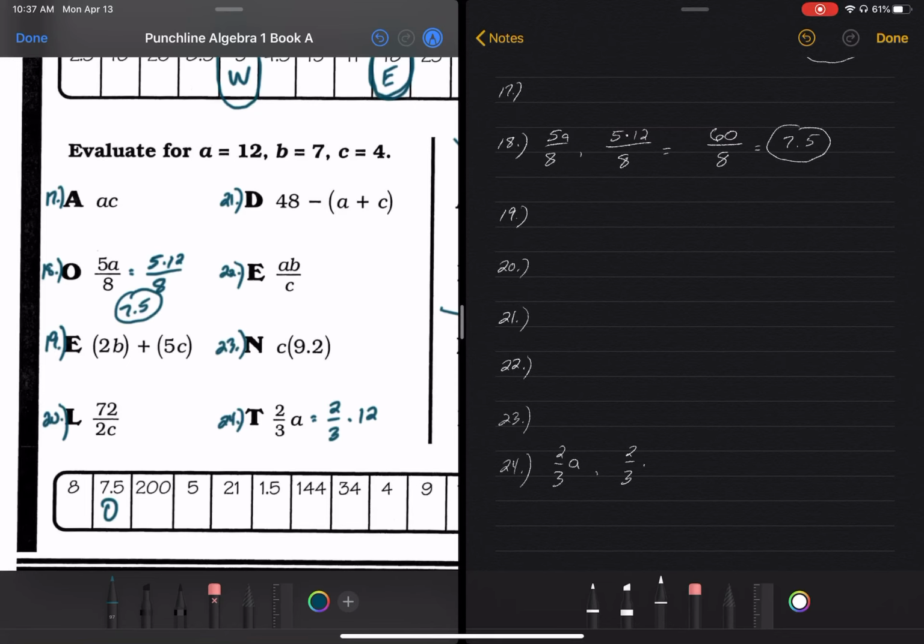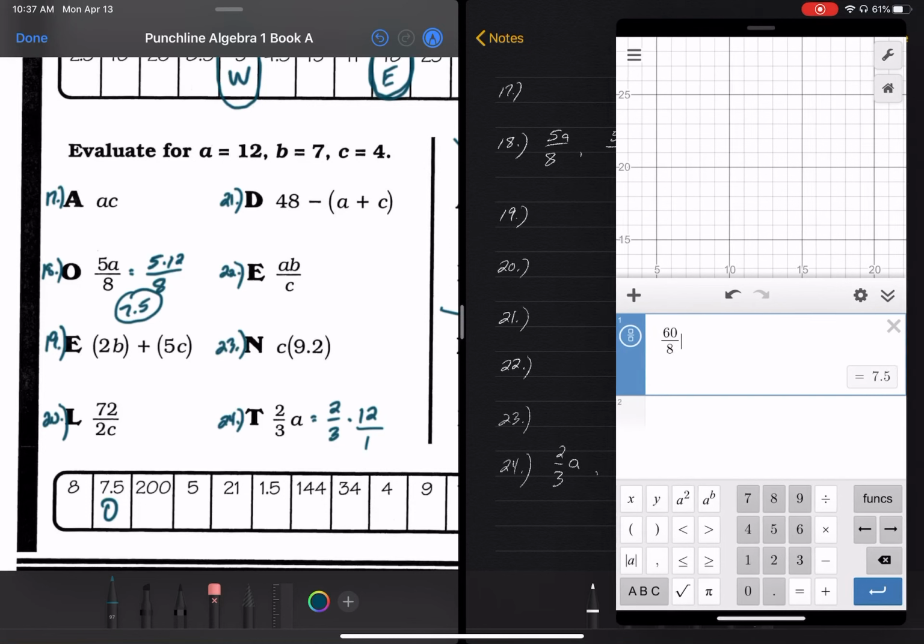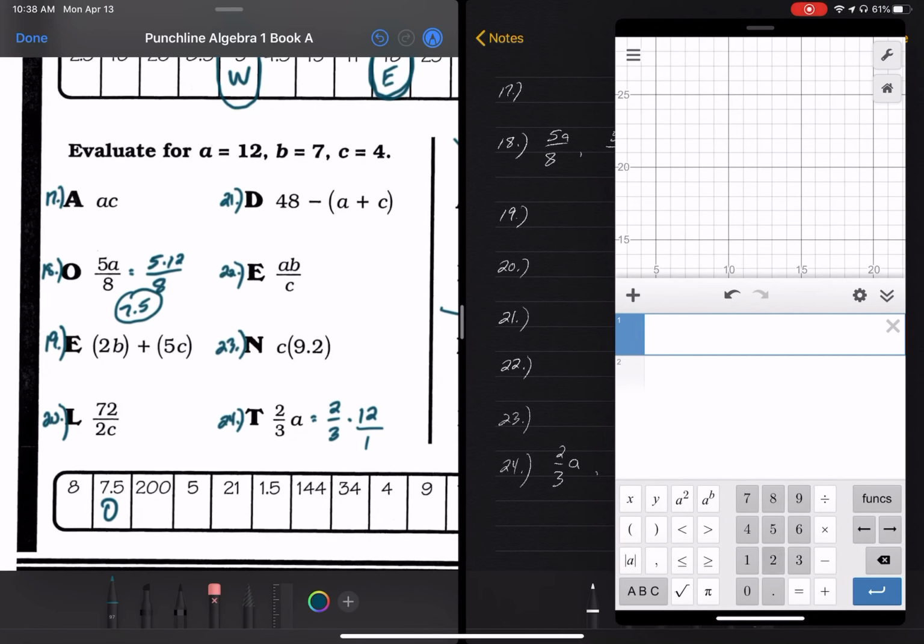2/3 times 12. Okay, now the math for this is pretty dang easy. If I just make this 12 into a fraction, 12 over 1, just multiply the tops, multiply the bottoms. 2 times 12 is 24.